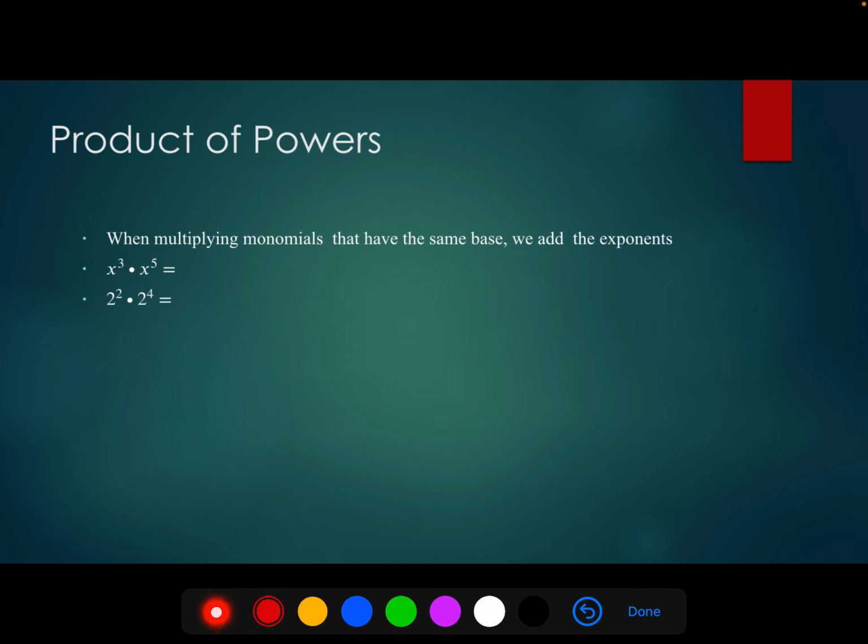So for this first one, we have x to the third times x to the fifth. Well, if we rewrote this with both monomials in their expanded form, this would be x times x times x times x times x times x times x times x. Right?